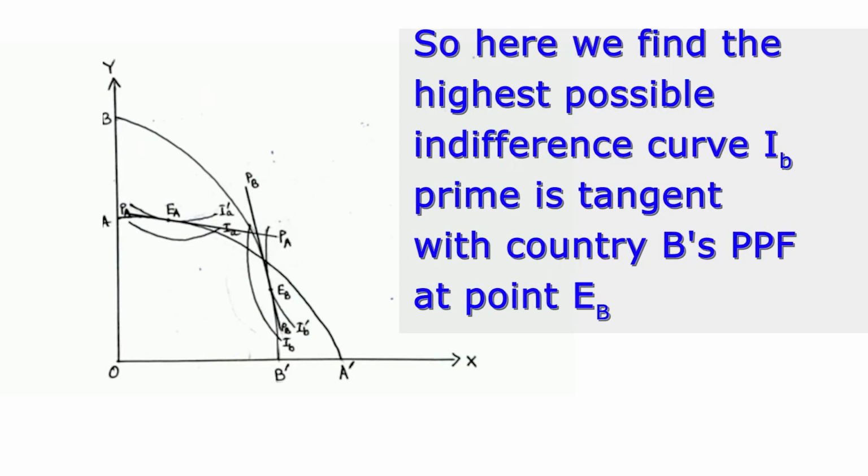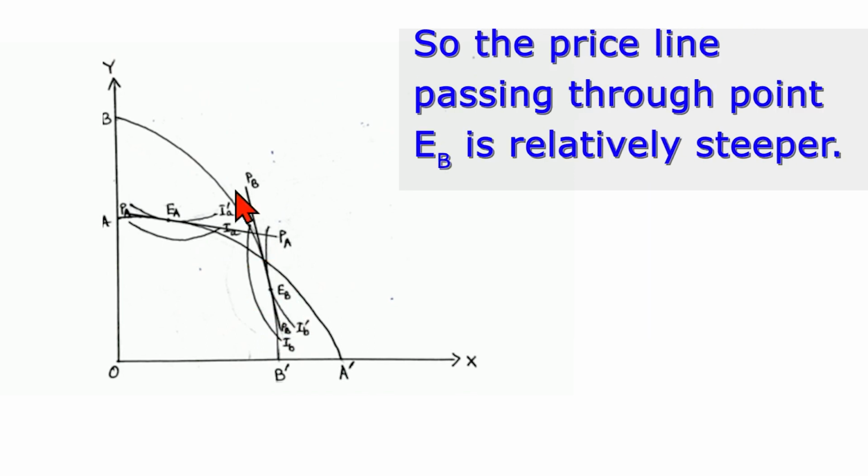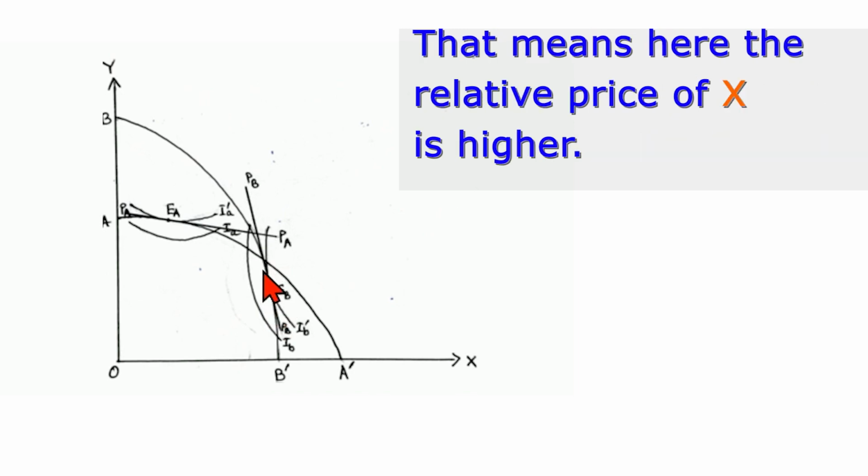So here the highest possible indifference curve IB prime is tangent with country B's PPF at point EB. The price line passing through point EB is relatively steeper. That means the relative price of X is higher.